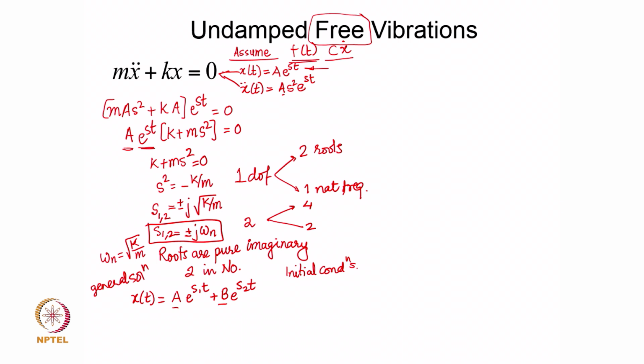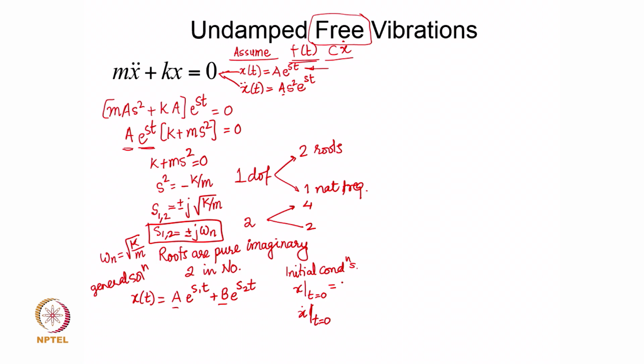Now, the initial conditions for any vibratory system is the displacement and velocity at time t is equal to 0, that basically is your initial condition. So, x at t is equal to 0 and x dot, that is the velocity, at t is equal to 0.